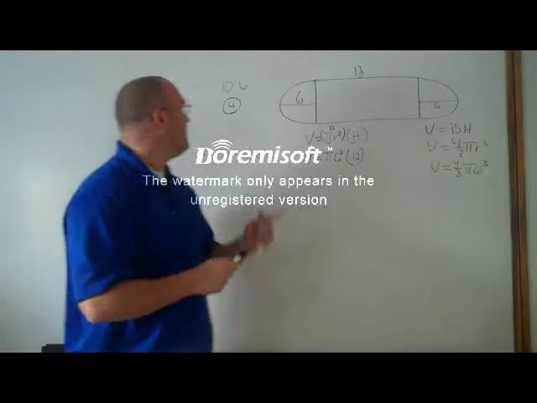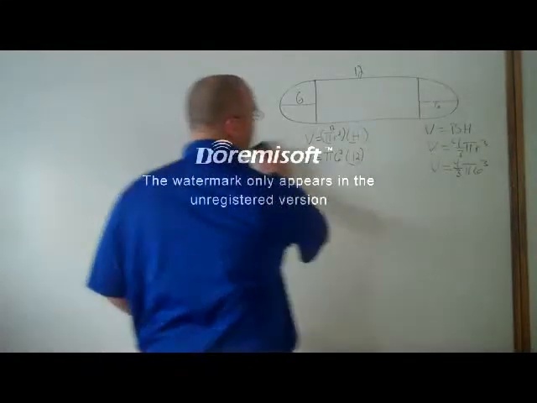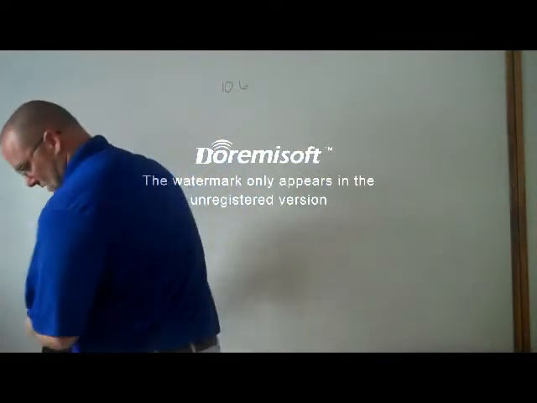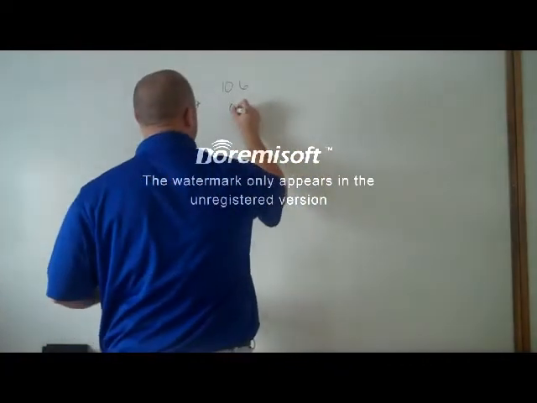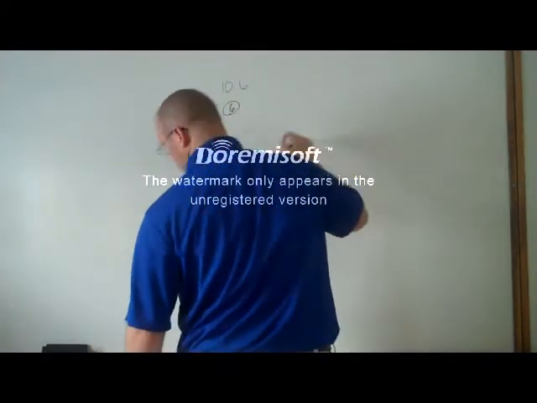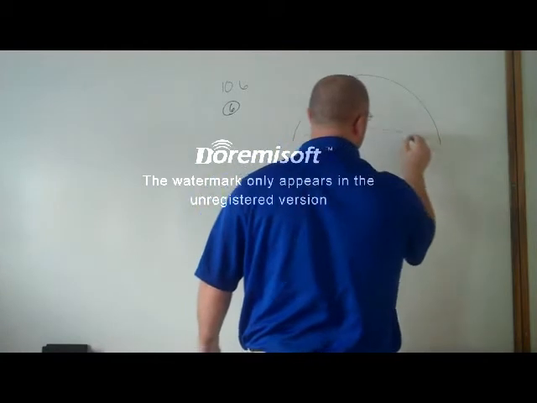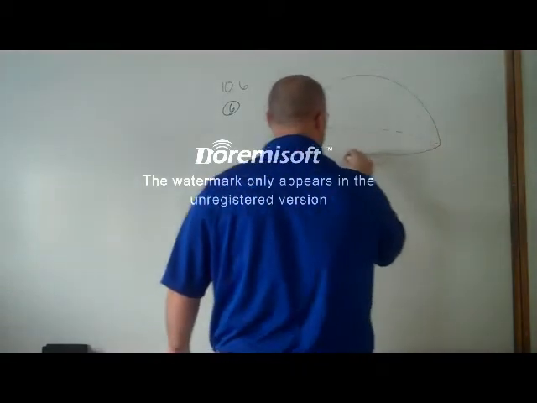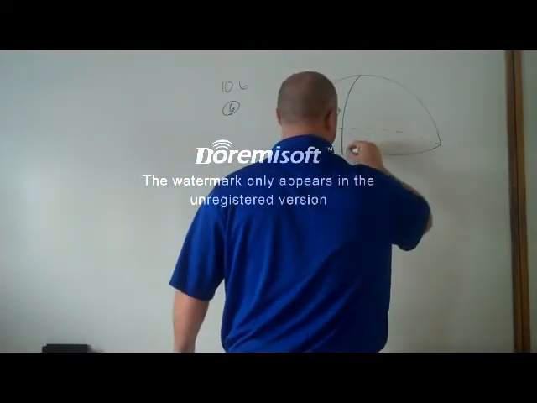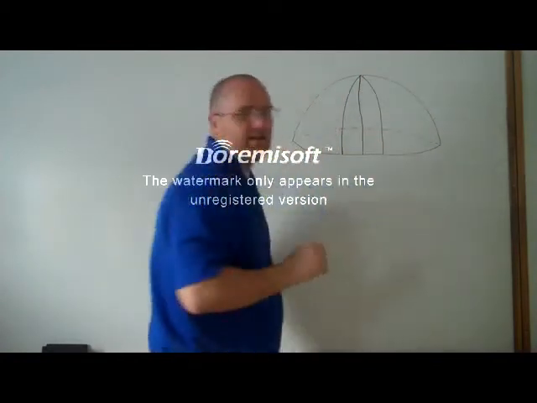Okay? Any questions on that? That's number 4. You can figure out the rest yourself. Number 6. We have a dome with a chunk taken out of it.